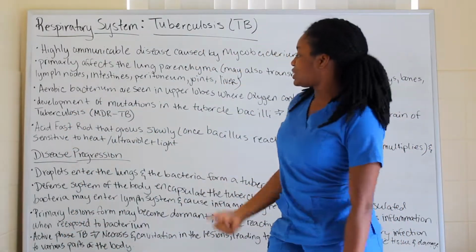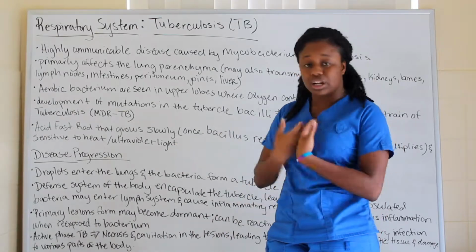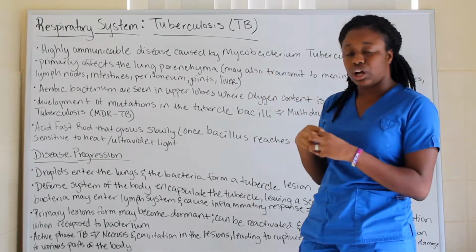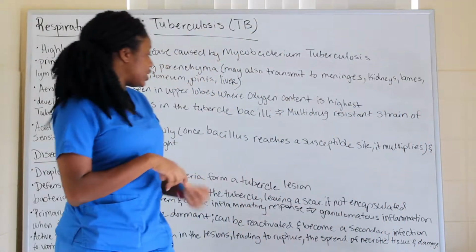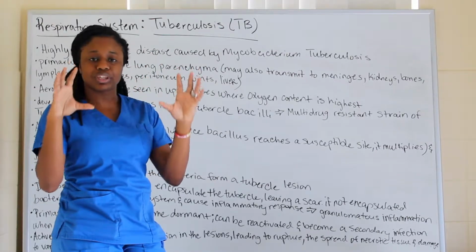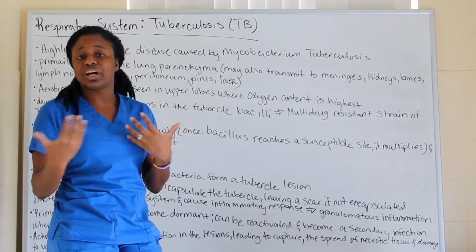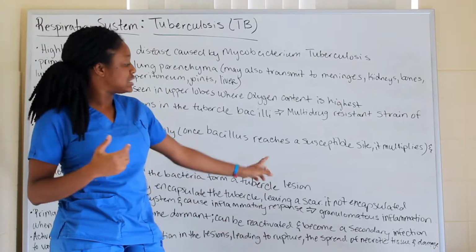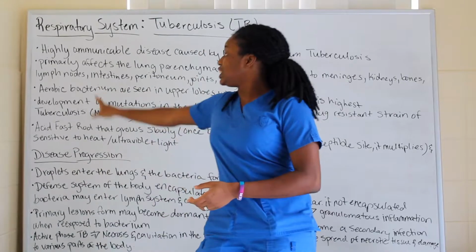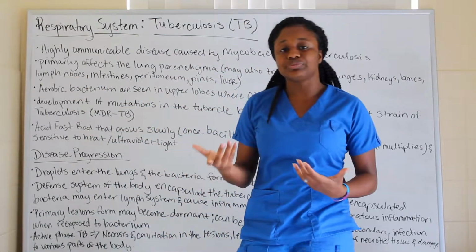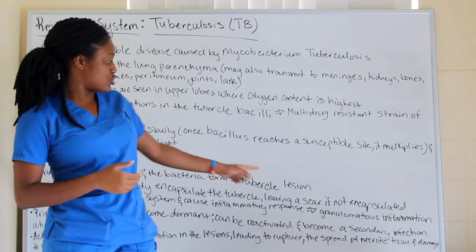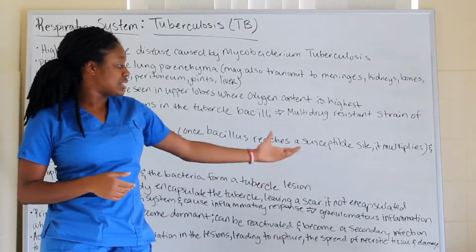Once that lesion is present, the defense system within our bodies, our immune system, encapsulates that tubercle, and in encapsulating it, it helps to prevent the spread. Now, there are times where the body may not detect it as early, and it's not encapsulated. When it's not encapsulated, it has the possibility of leading to the lymph system, and from there it's going to create an inflammatory response, also known as your granulomatous inflammation.